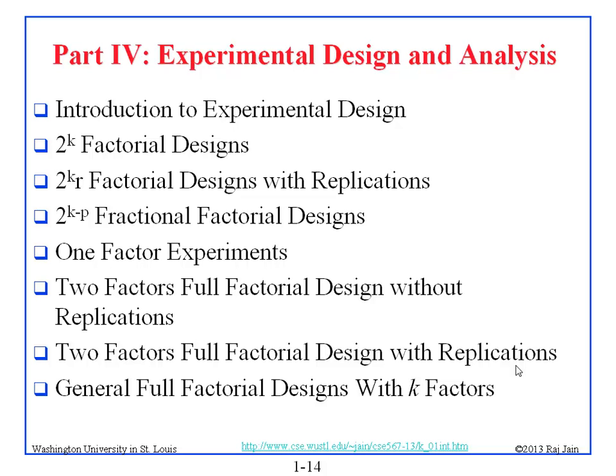That is one part of experimental design: to find the minimum number of experiments that will give you the answer. The second part is which 15. There are 1,000 possibilities, so you have to find the right 15. The third thing is, if you find the right 15, how do you analyze it? How do you get the information that you're looking for? That is called experimental design and analysis.